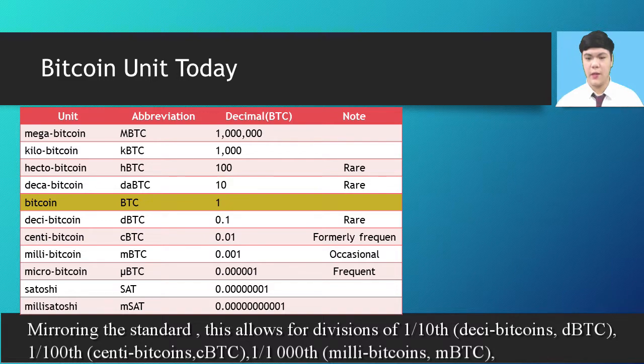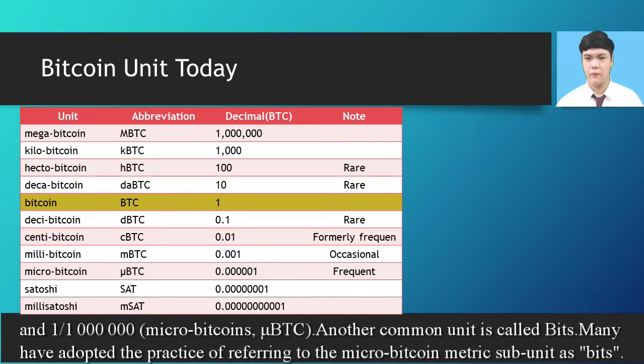Mirroring the standard, this allows for divisions of 1/10 decibitcoins, DBTC, 100 centibitcoins, CBTC, 1,000 millibitcoins, MBTC, and 1,000,000 microbitcoins.